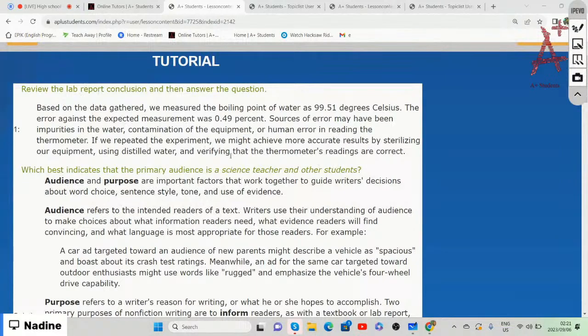If we repeated the experiment, we might achieve more accurate results by sterilizing our equipment using distilled water and verifying that the thermometer's readings are correct. So that is basically reviewing the lab reports as well as conclusions, right?